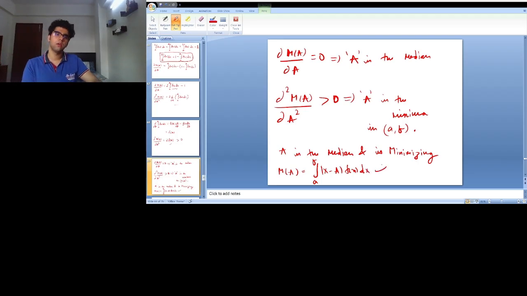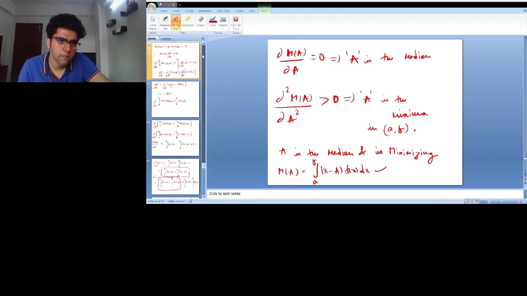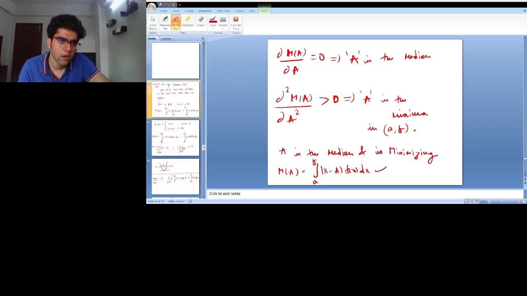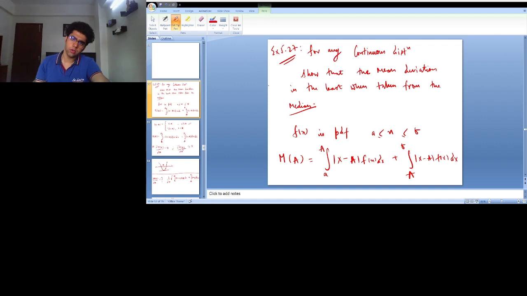This means that for any continuous distribution, the mean deviation is the least when taken from the median, because M(A) is the expression that is denoting the mean deviation from the variable x, right? This was our whole proof.